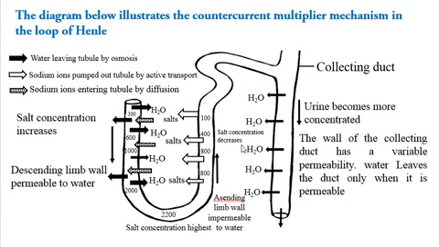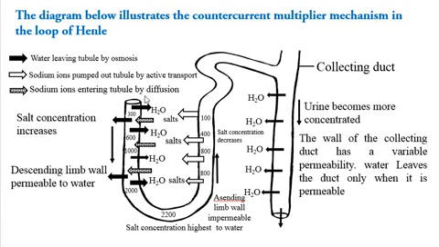And in this way, the loop of Henle works as a countercurrent multiplier. It is countercurrent because you can see that the fluids move in opposite directions, and it is a multiplier because the concentration of the filtrate increases down the loop of Henle, and this causes reabsorption of more water back into the blood.